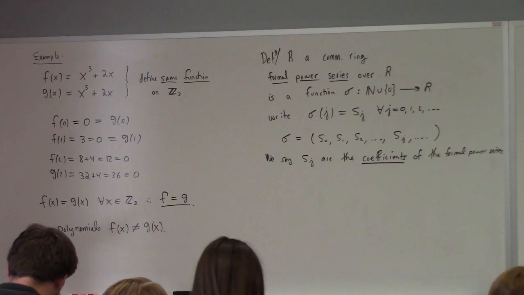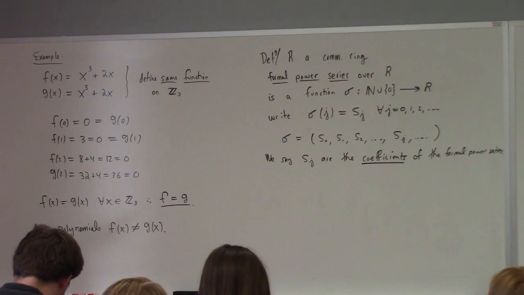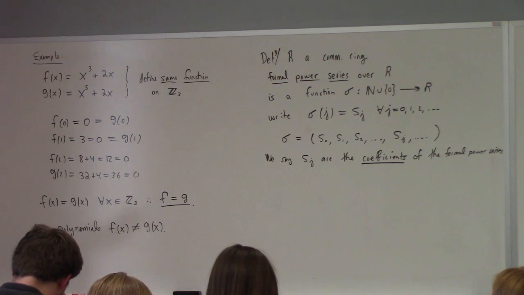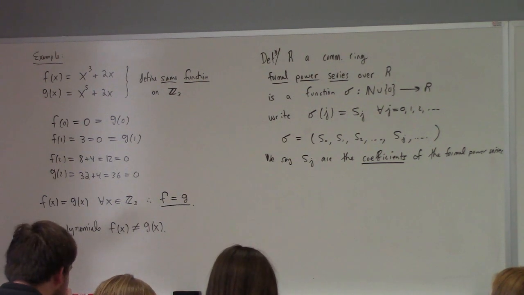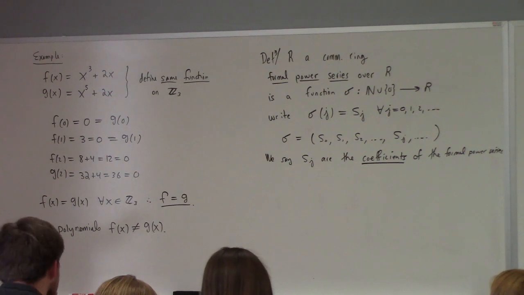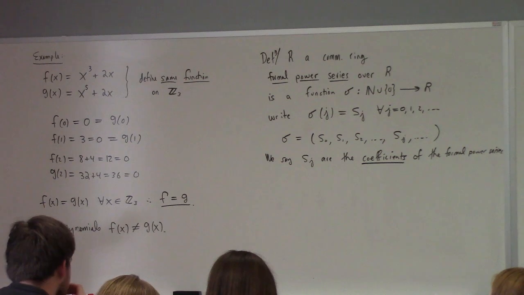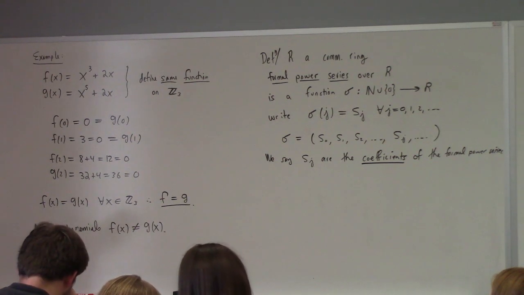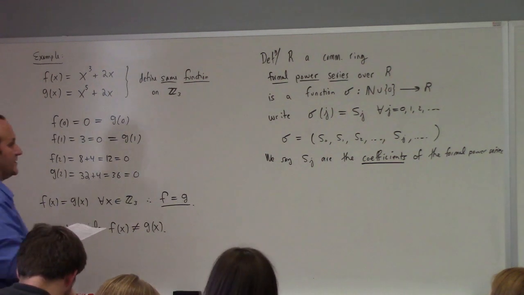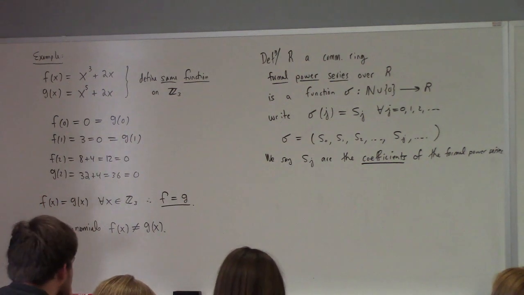So here the coefficients together form the formal power series. That's an interesting bit, right? Coefficients means acting together to some single end. Makes a lot of sense why we call coefficients of a polynomial the coefficients, right? Together they form the polynomial. Well, this is going to make that more explicit.